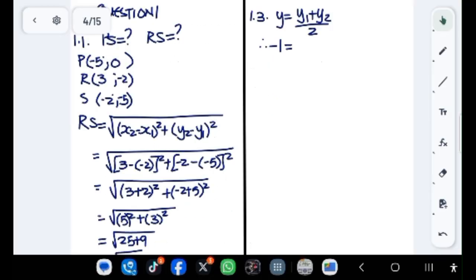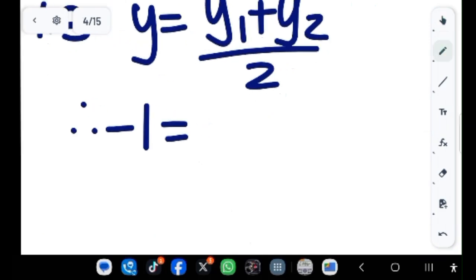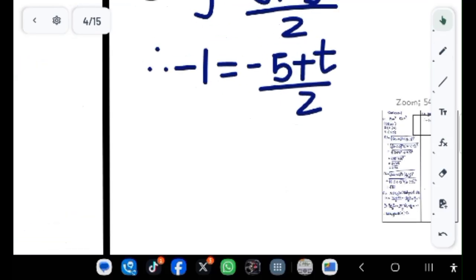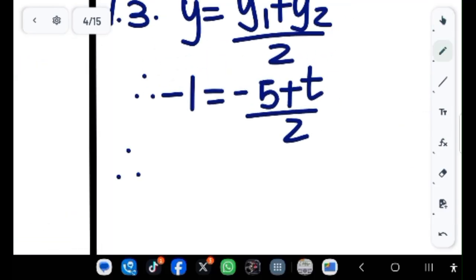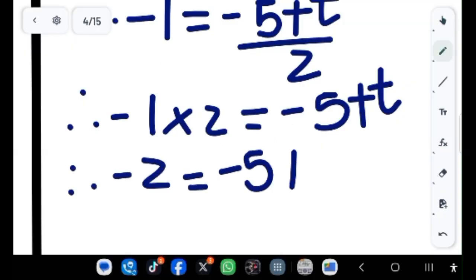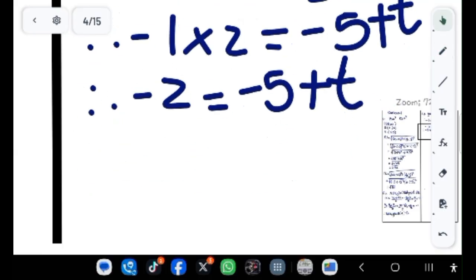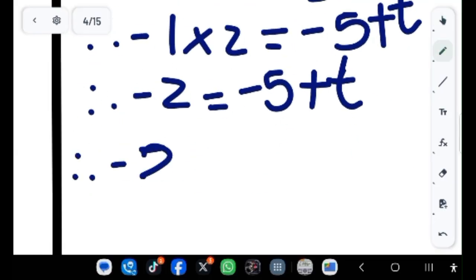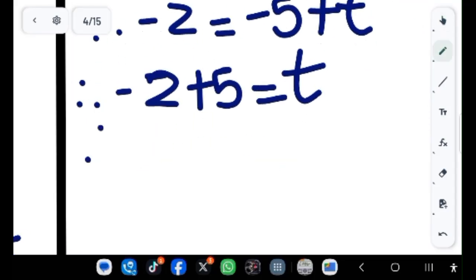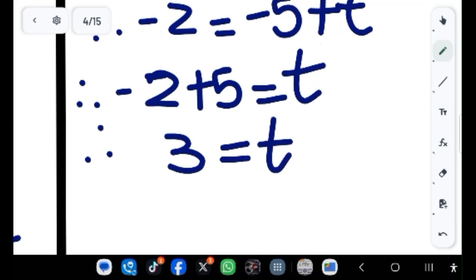Negative 5 plus t, all over 2, equals negative 1. So we multiply both sides by 2. That leaves us with negative 2 equals negative 5 plus t. Take the negative 5 to the left hand side: negative 2 plus 5 equals t. 5 minus 2 gives us 3, and that's how we prove that.